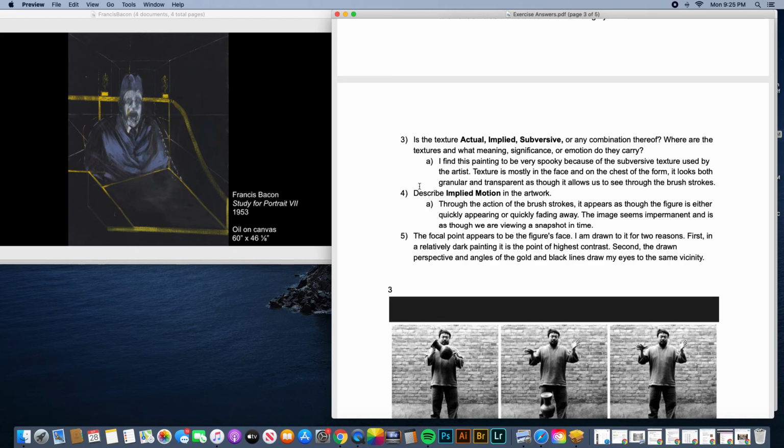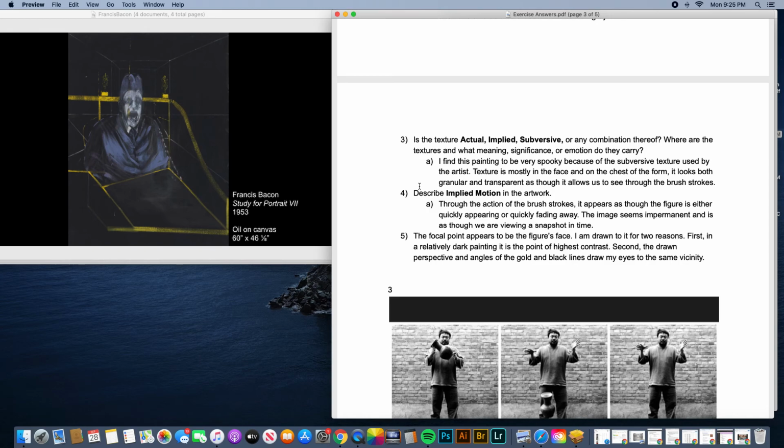However, implied texture is not in my answer, but subversive texture in a painting is often implied. So I could have said it is implied and subversive.